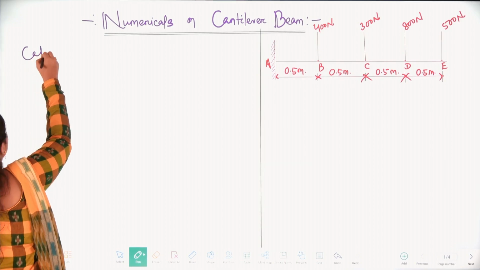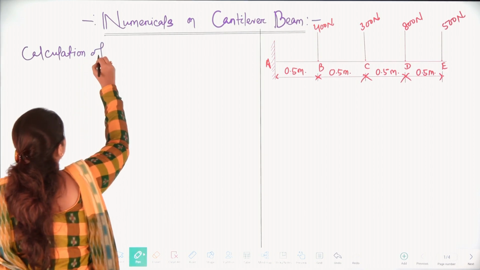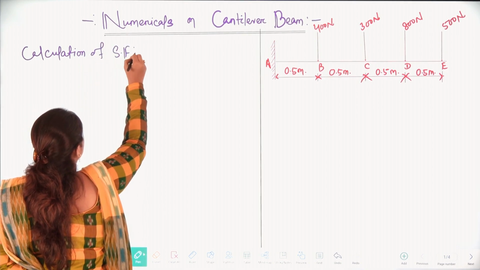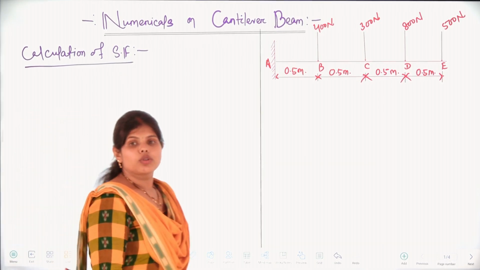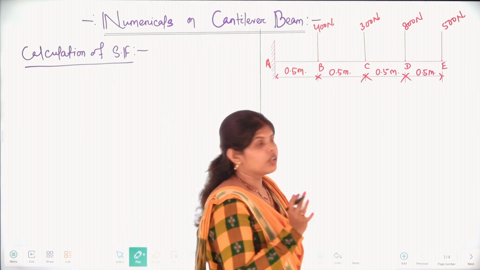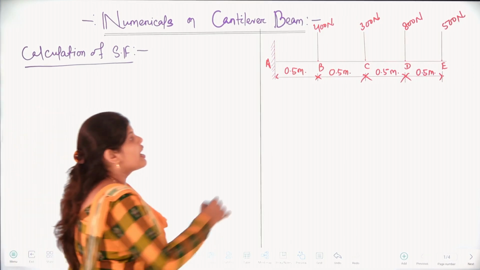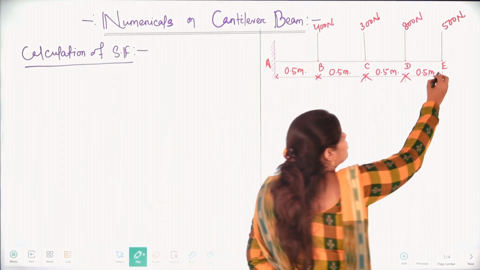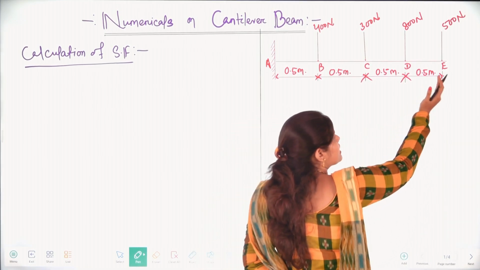First, calculation of shear force. We know that when we calculate shear forces, it is nothing but the forces. So first we will calculate shear force at these points. First we need to choose one side, from that side we will calculate.